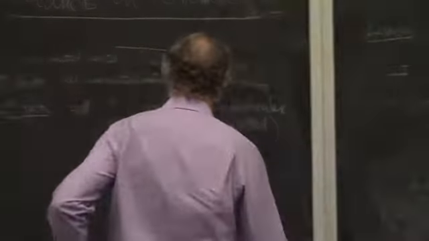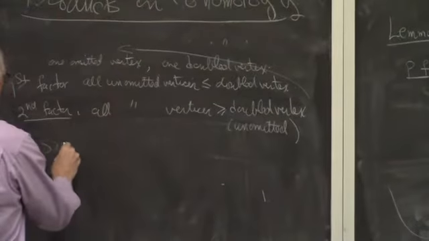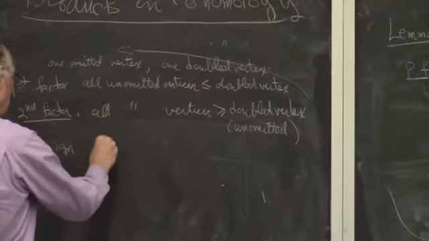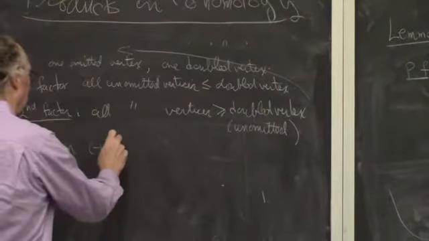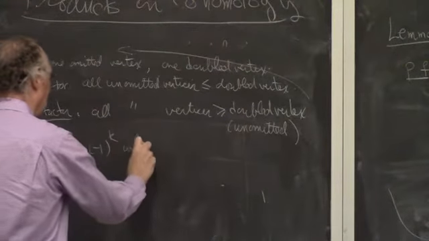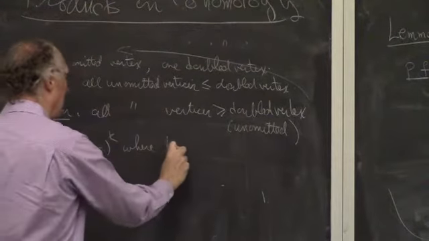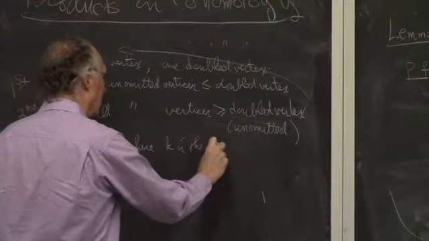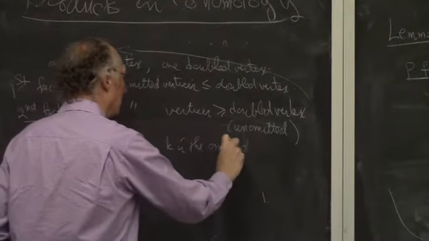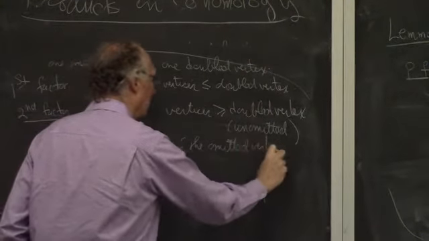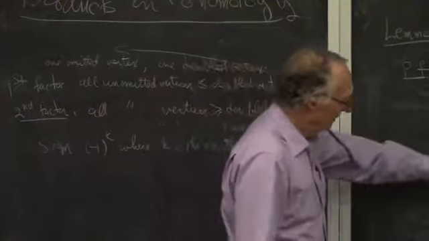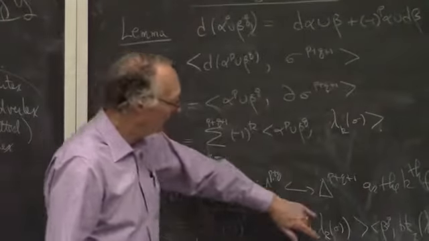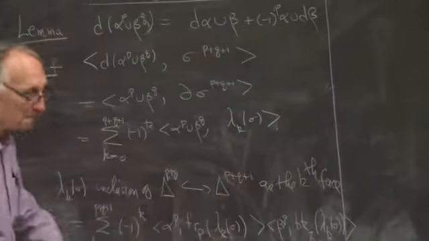And the sign is -1 to the k, where k is the omitted vertex. Right, the sign is -1 to the k, where k is the vertex that's never going to appear.